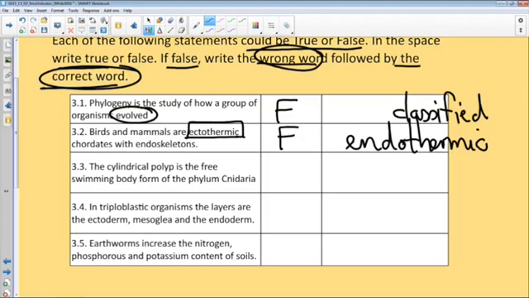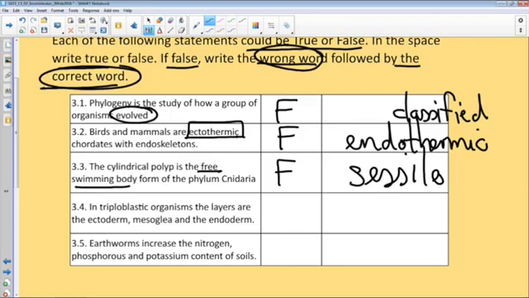3.3. The cylindrical polyp is the free-swimming body form of the phylum Cnidaria. Guys, Cnidarians are not free-swimming, so that's the incorrect word, so that statement's false, and we should be saying that they are the sessile forms of the phylum Cnidaria. 3.4.